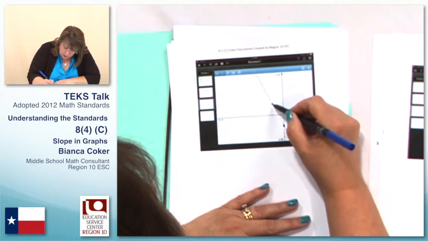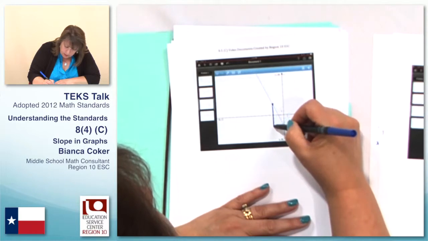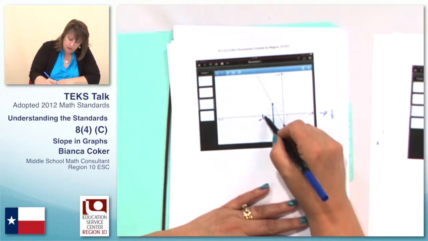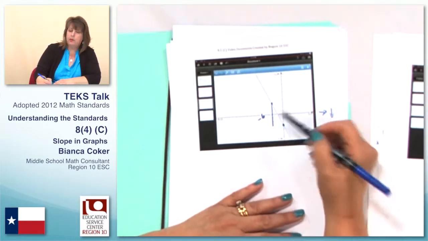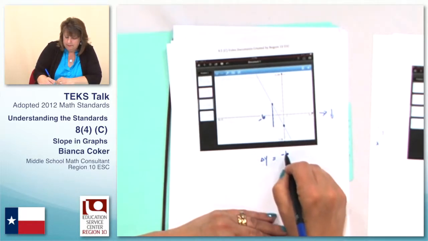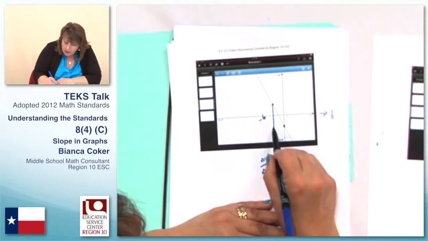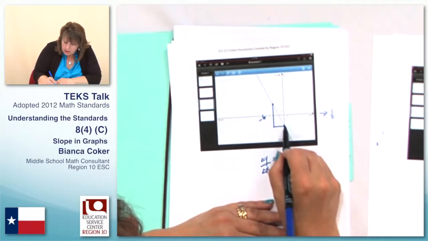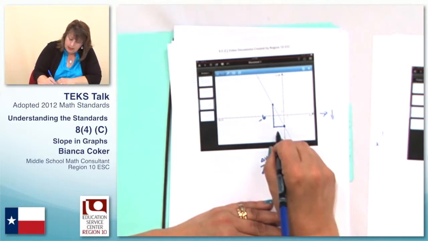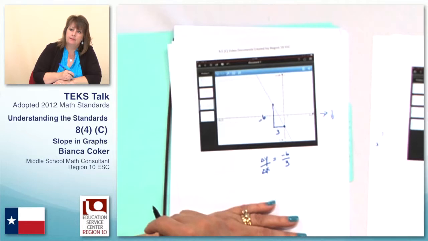So looking at this point, if we were to travel down 1, 2, 3, 4, 5, 6, we would see a change in 6, but we're going down, so that's a -6 for our change in y. And for our change in x, we would travel horizontally 1, 2, 3, and it's in the positive direction, so that's a +3.